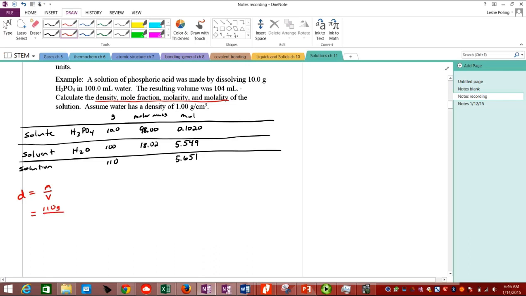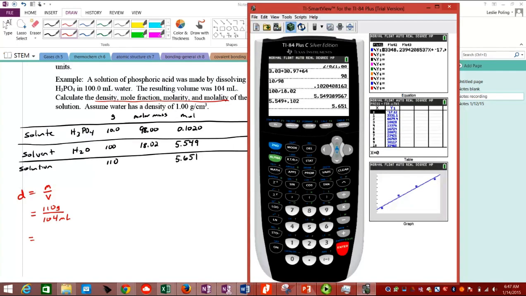The volume of our solution was given as 104 milliliters. I didn't put that in the chart because other than density, we don't really use it. But maybe we do need it in the chart. We'll see. All right, so 1.06.